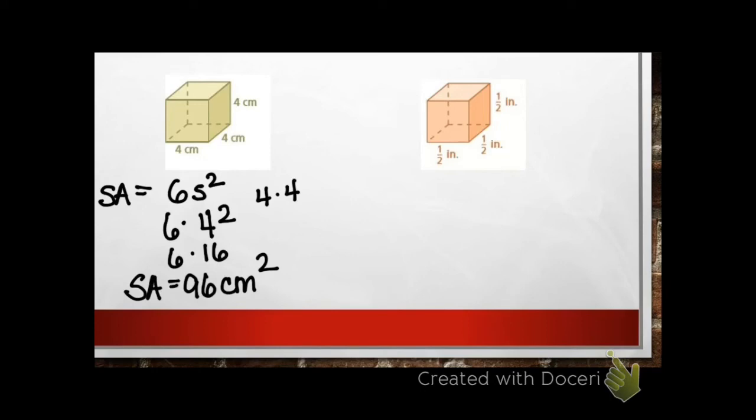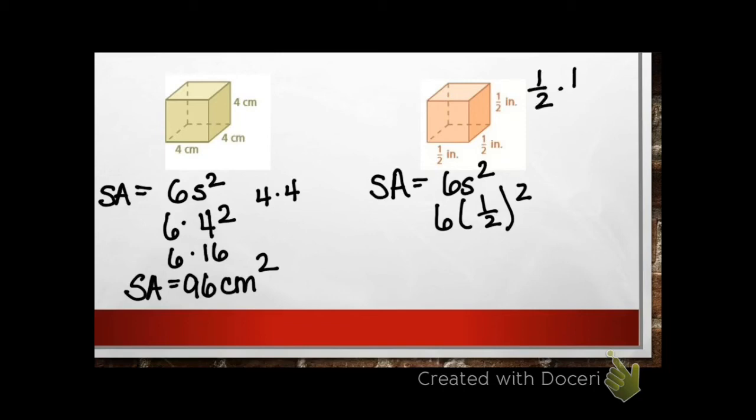Now, some of you, when you see that there's a fraction over here, you start thinking, oh, what am I going to do? You're just going to multiply like you always would. We know how to multiply with fractions. So we're going to use our formula. We always start with that first. 6, my side is 1/2 squared. So come off to the side, and when you say what is 1/2 times 1/2, what do you get? You get 1/4.